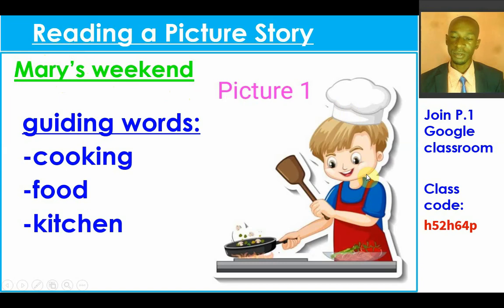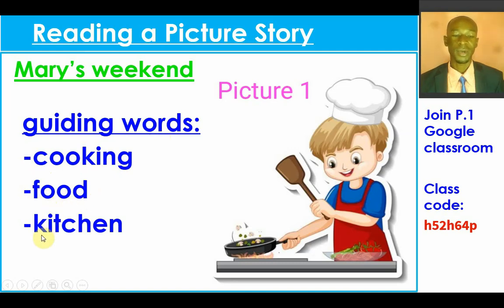But before we get to say what Mary is doing, we have some guiding words here that we can use to tell what is happening in the picture. One says, cooking. Another one is food.